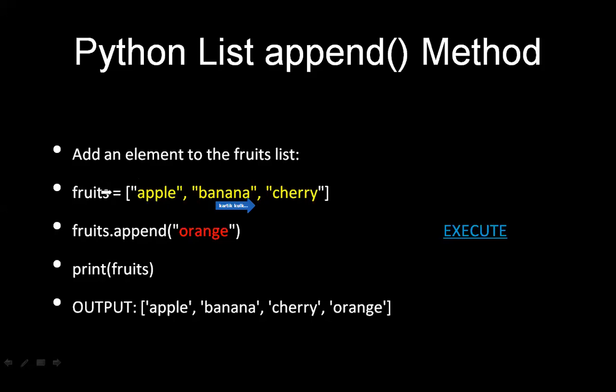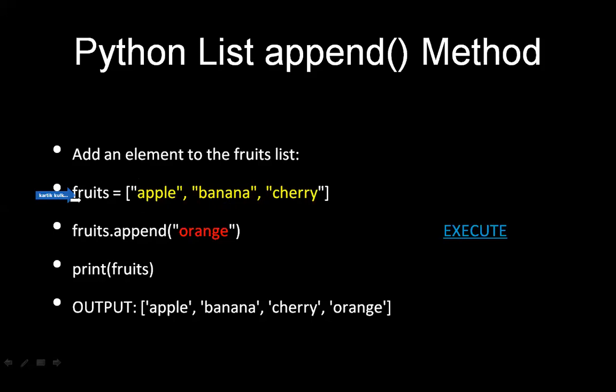Then for this fruits list, I want to add an orange, because nowadays orange is all about vitamin C, which is high in that particular fruit. So I want to add it to this fruits list.